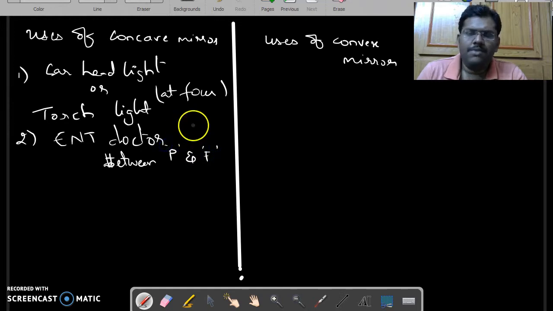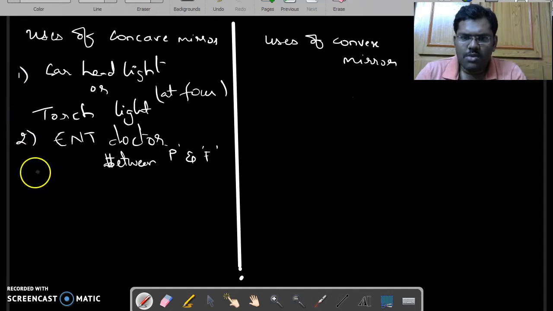Because between P and F we get a virtual image, which is formed inside the mirror. If we get a real image, we definitely need a screen or a white paper. So the doctors place the concave mirror between the pole and focus, and they get a virtual image which can be seen inside the mirror.